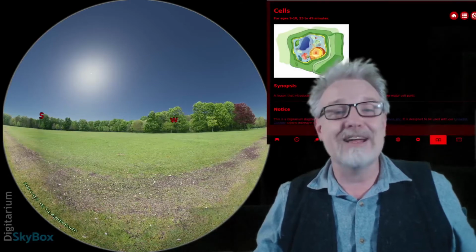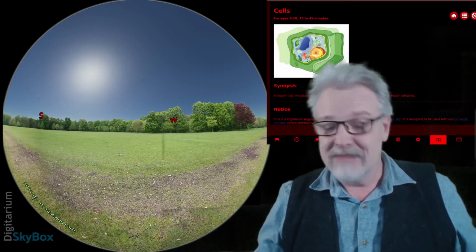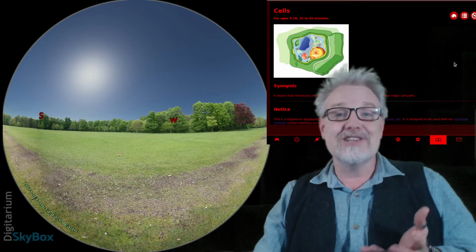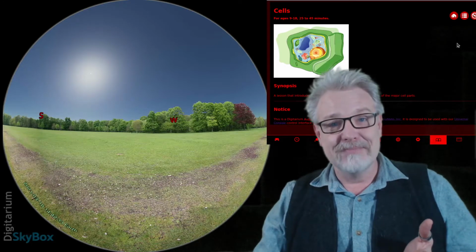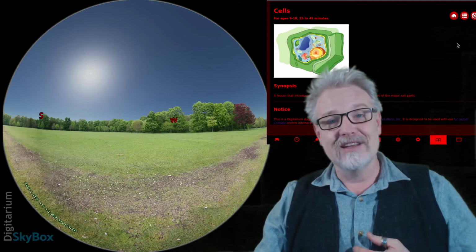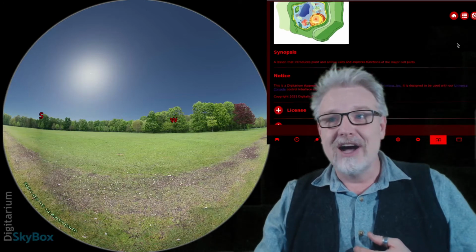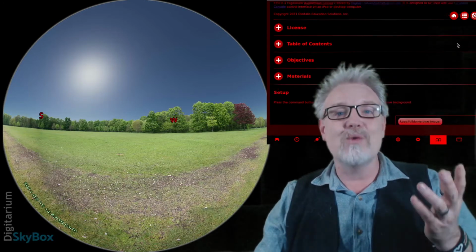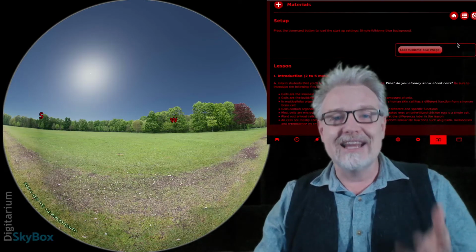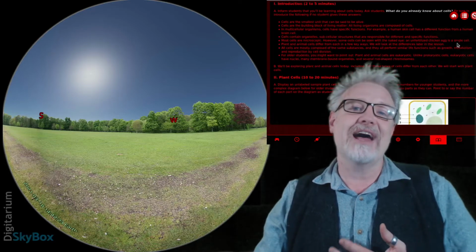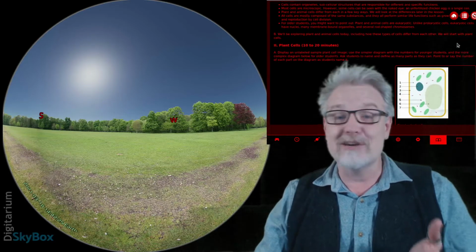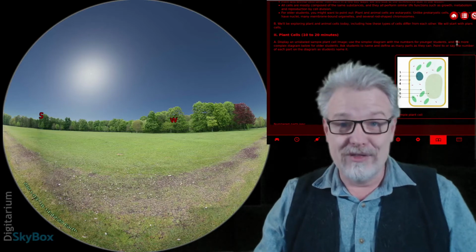Now, if you have a Digitarium system, I say this a lot, you can literally teach any topic that you want in the universe. And to highlight that, Digitalis has just released an augmented lesson on cell structures. Augmented lessons are a way of organizing a lesson plan into something that any teacher can pick up and teach with almost immediately.